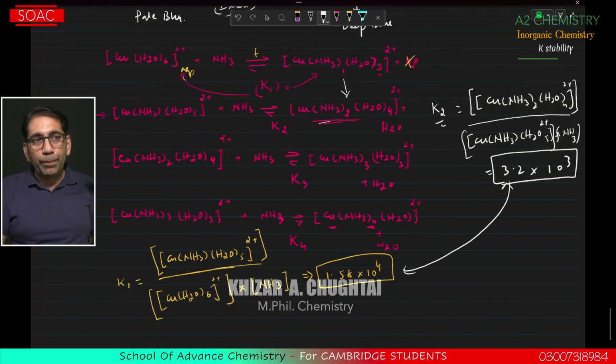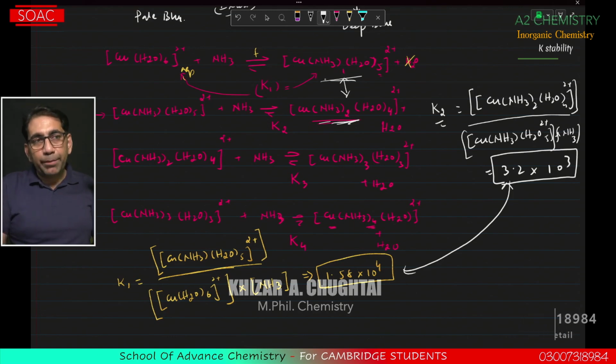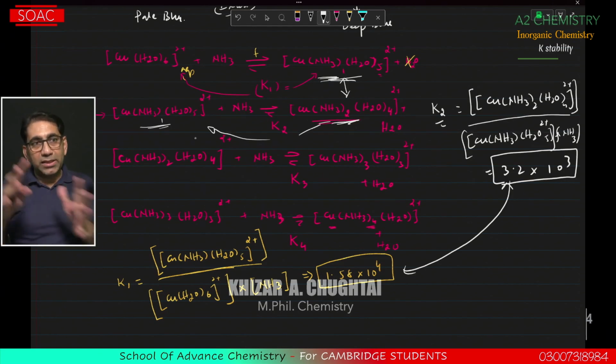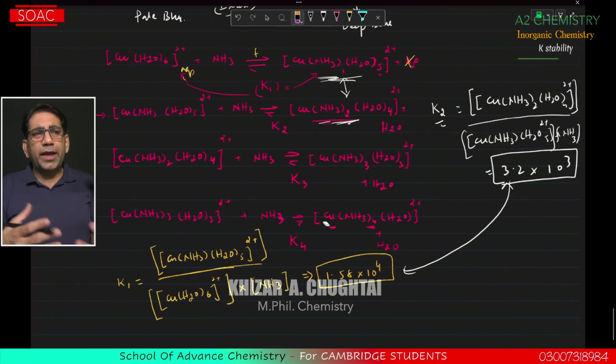If I compare these two complexes, this second complex that is having 2 ammonia ligands is less stable as compared to the first one that is having 1 ammonia ligand. And same is the case again, as I told you, the newly born complex is more stable. So same is the case with the K3 stability constant, which is less than that of K2, and K4 is less than that of K3.